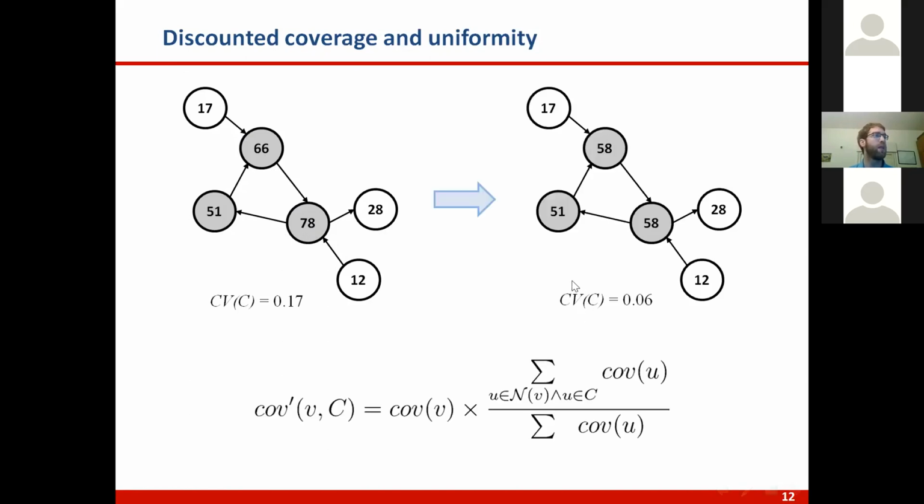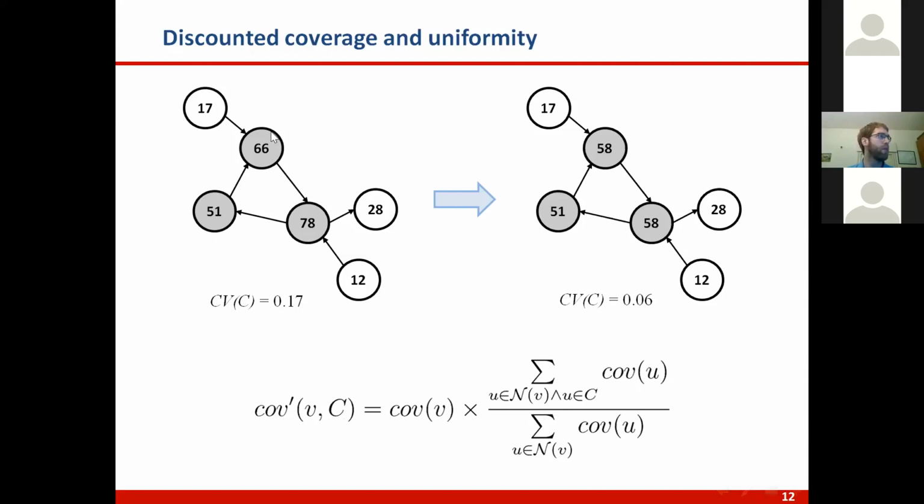And the way that looks is as follows. In order to compute the discounted coverage of an individual node V, given a specific cycle of interest C, so that's this cycle here, we basically multiply the original coverage times some factor, which is just the fraction of coverage of neighboring nodes which are on the cycle of interest, divided by the total coverage of all neighboring nodes of that node of interest.